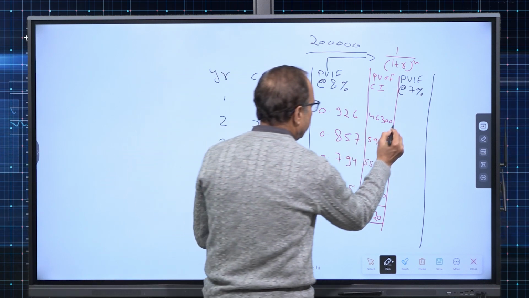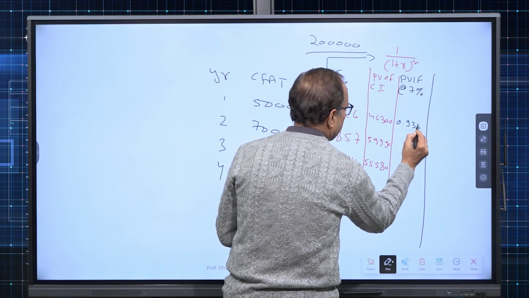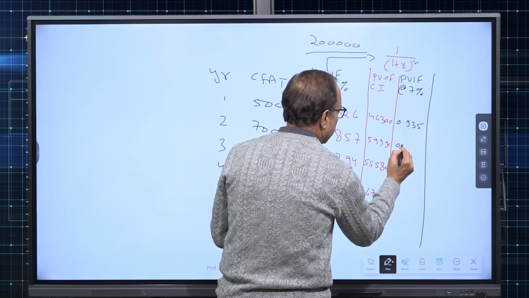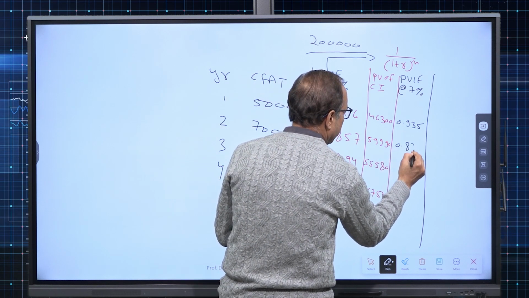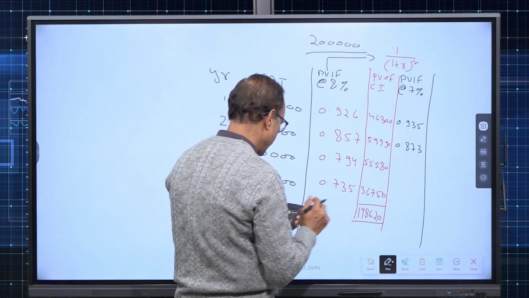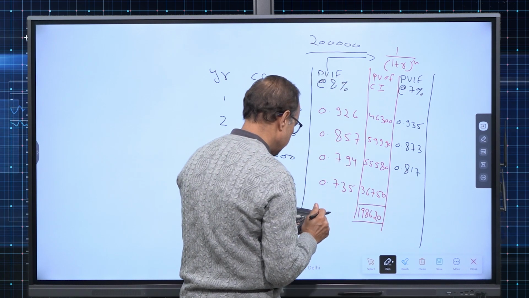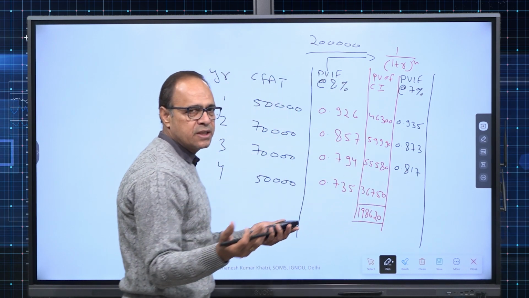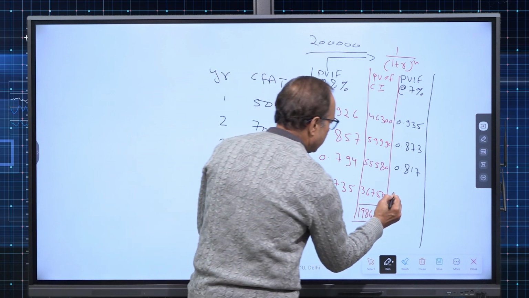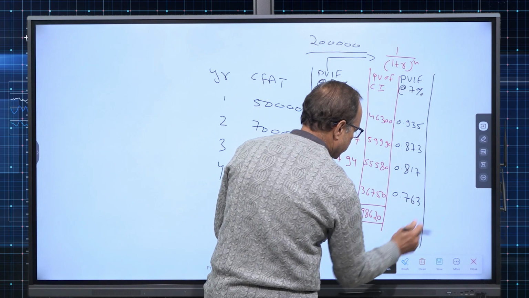So, it is 0.935, 0.873, 0.817 (or 816, whatever comes according to approximation), and 0.763.